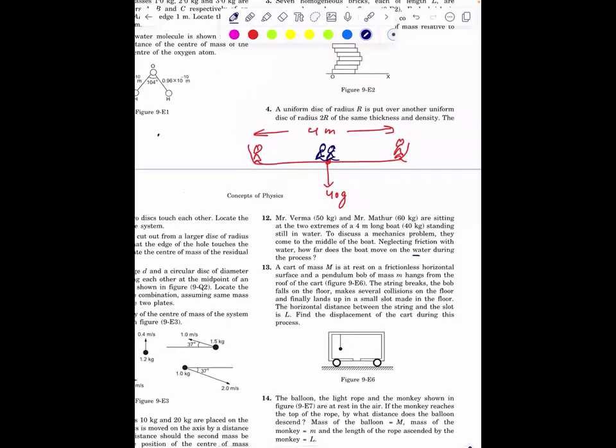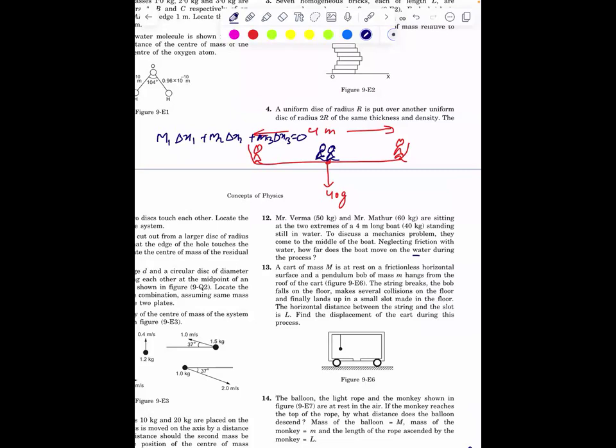Can I say that M1 delta x1 plus M2 delta x2 plus M3 delta x3 is equal to 0? Can I use this directly? I'm not writing delta x center of mass equal to this. The center of mass will not change its position. I will use those concepts and get the answer, but this is fine, what I'm writing.